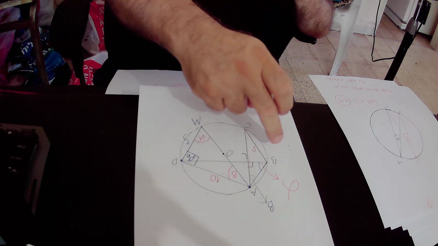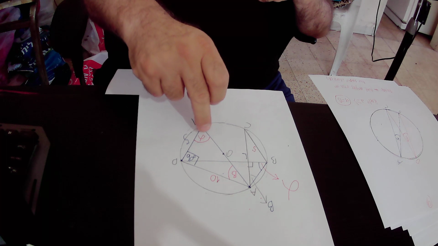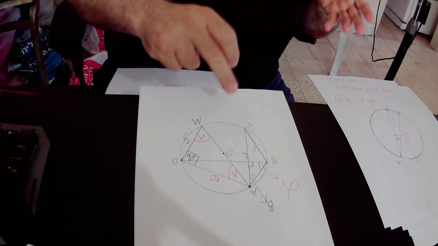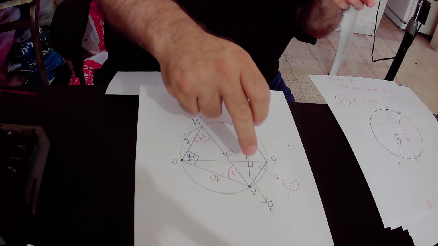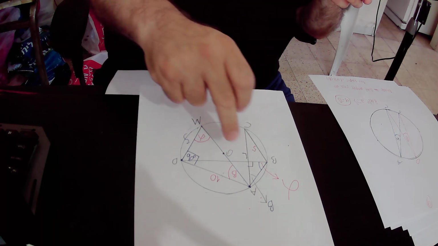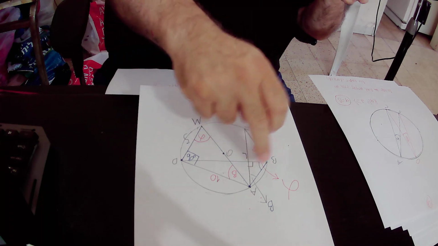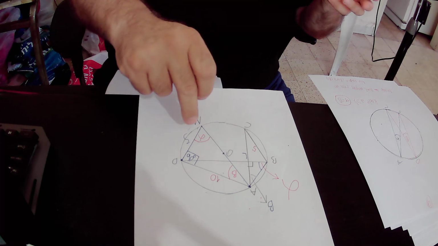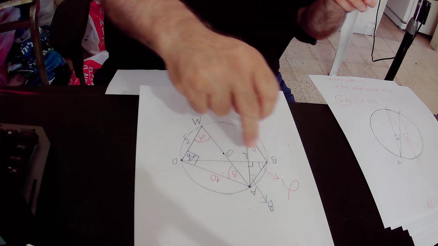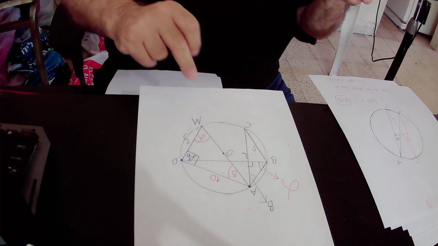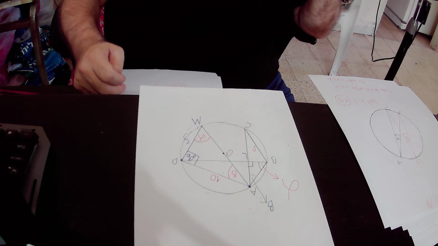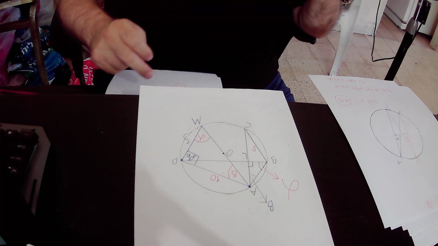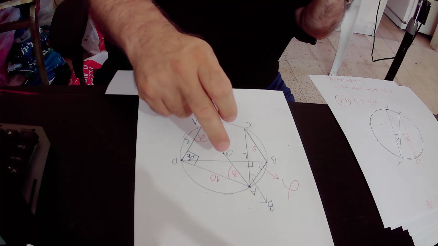So angle ABD also equals angle alpha because both angles rest on the same chord AD. Angle alpha rests on chord AD and angle ABD also rests on the same chord AD. For that reason, angle ABD also equals angle alpha, according to rule number 2.